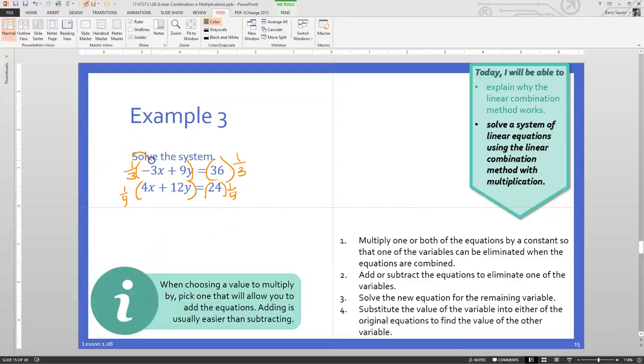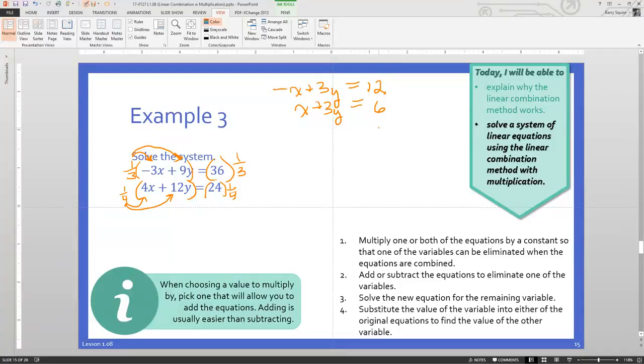So when I distribute this 1/3, I end up with negative x plus 3y equals 12. And then when I multiply through by 1/4, I get x plus 3y equals 6.